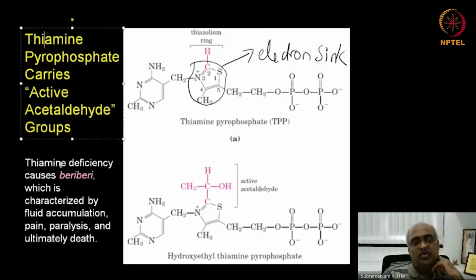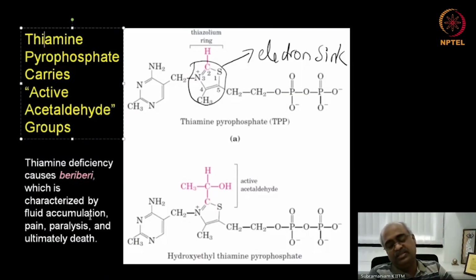Usually we don't suffer vitamin B deficiency primarily because most of the food that we eat, in some way or the other, gives us the B complex vitamins. These are water soluble vitamins.